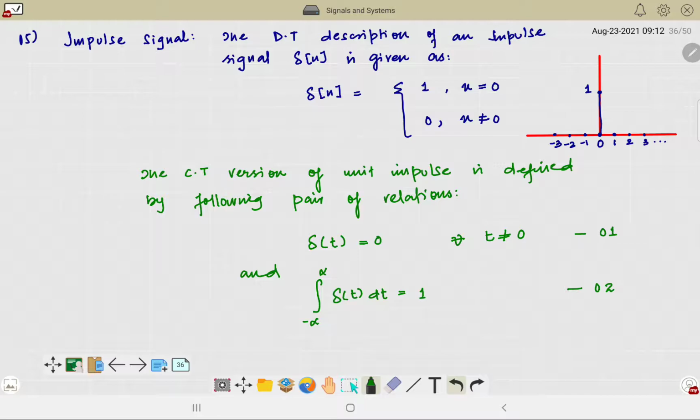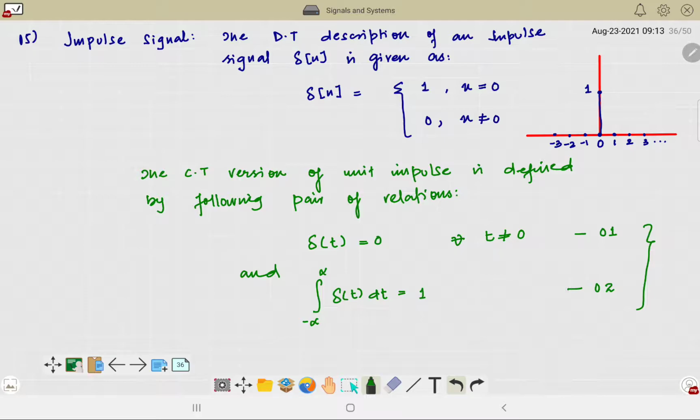Now, like I said, it is slightly complex to visualize like this. Fine. So obviously when you do mathematical analysis, your impulse function in continuous domain must satisfy these two equations.